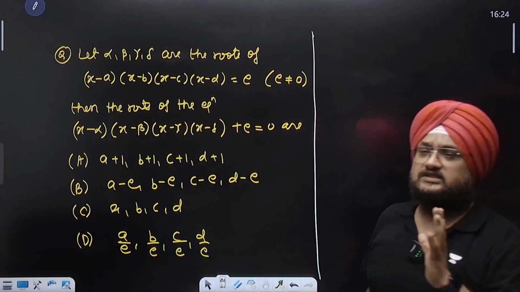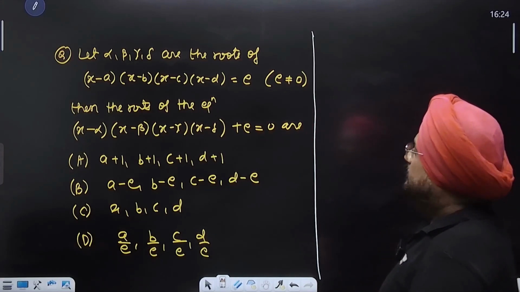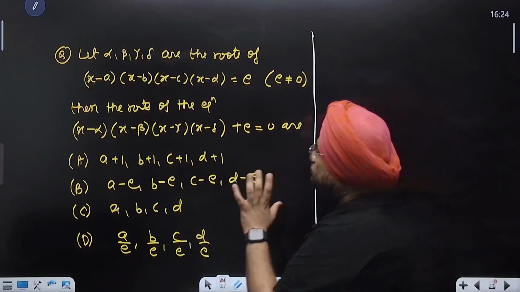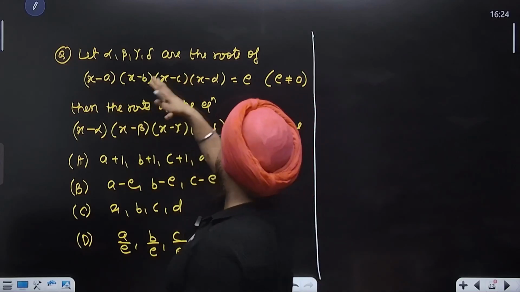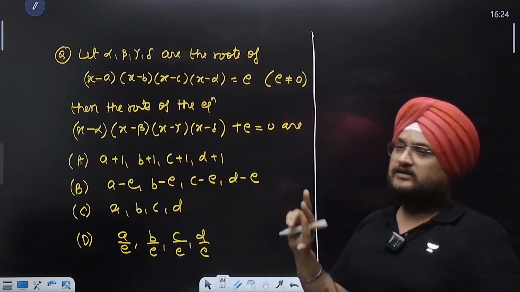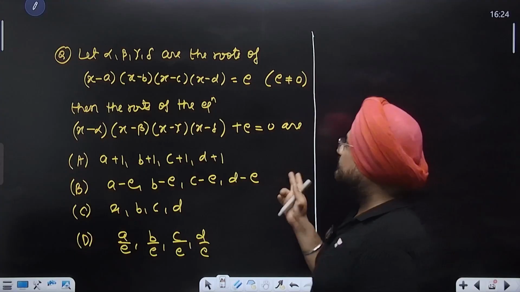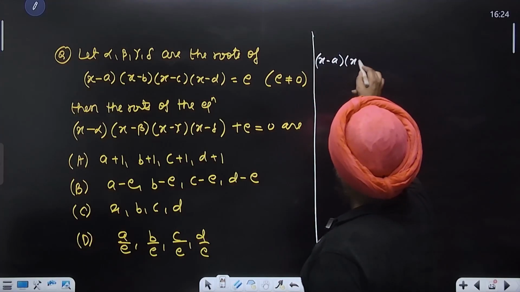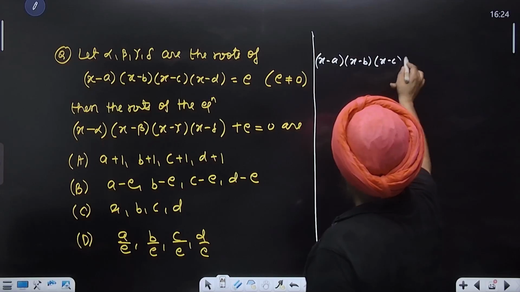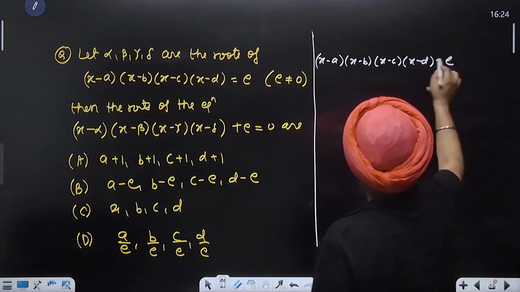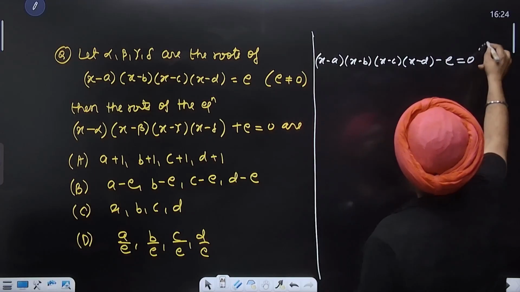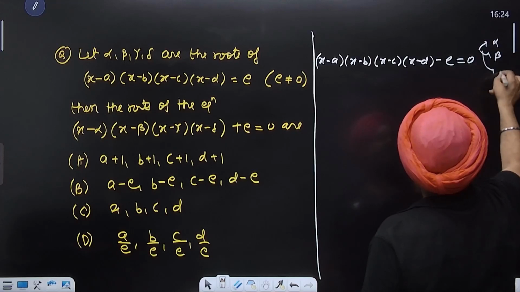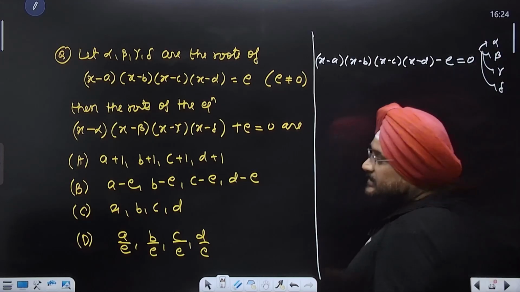So you must have got what we will use in this equation. I have told you that if roots are given, then the equation can be written using the factors. Alpha, beta, gamma, delta are the roots of this equation x minus a, x minus b, x minus c, x minus d minus e equal to 0. This equation has roots alpha, beta, gamma and delta.